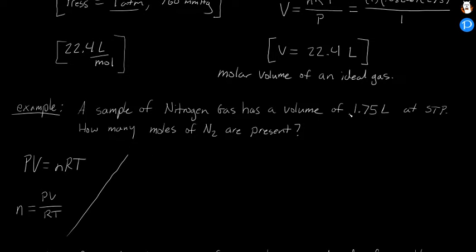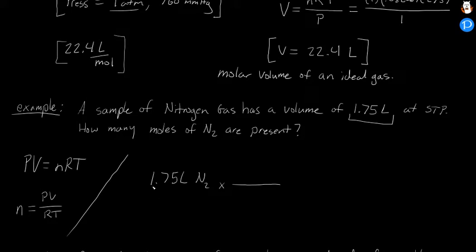So I could take this volume that I have, 1.75 liters of N2, and convert it because I know that for an ideal gas at standard temperature and pressure, 1 mole of it is going to have this volume right here.